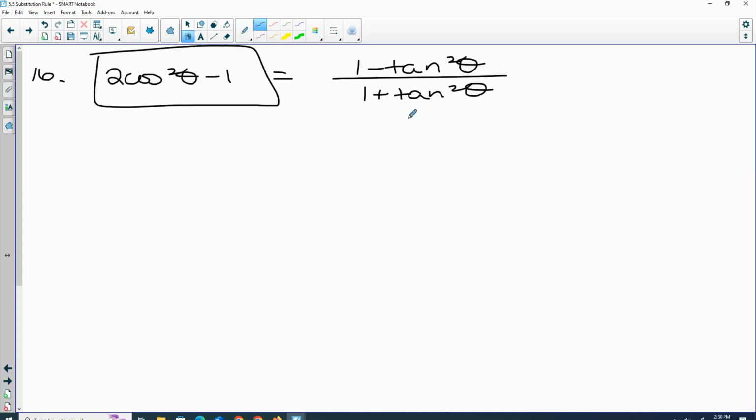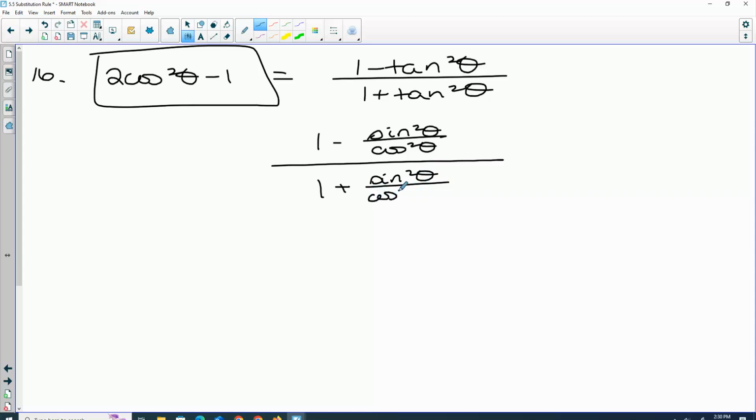Sines and cosines. You can use the Pythagorean identity on this as well. If you're looking at those fundamental Pythagorean identities, we know tangent squared plus 1 is secant squared, so you could use that on your denominator. But if you don't, that's fine, just sines and cosines. Tangent is sine over cosine. Now, we have a fraction in a fraction, which we do not like.